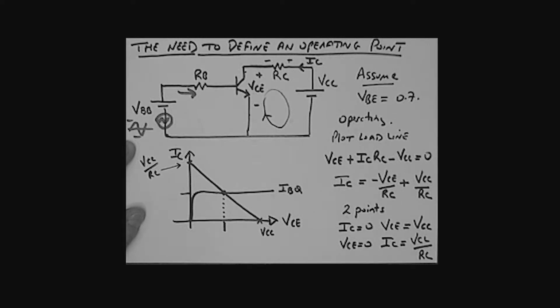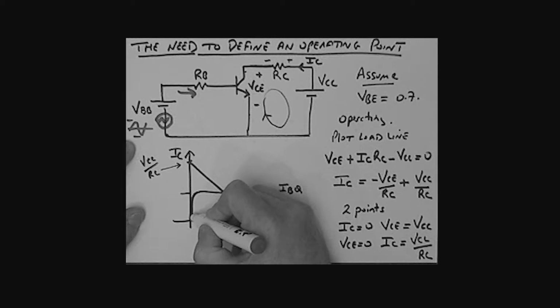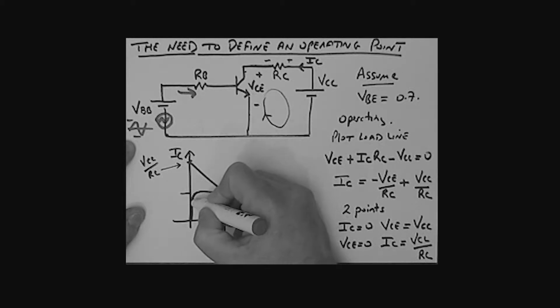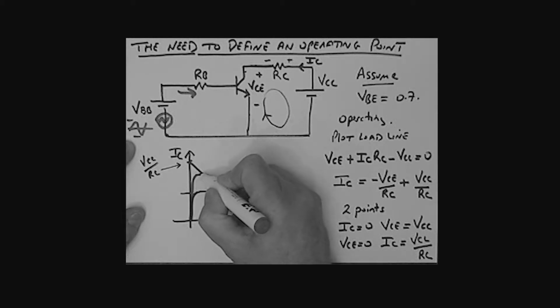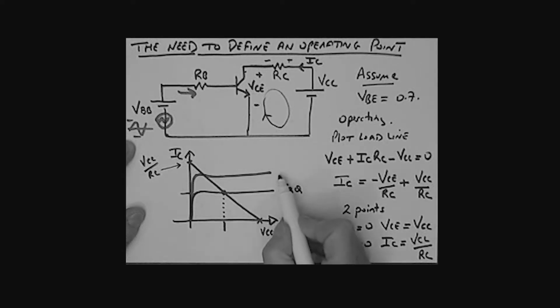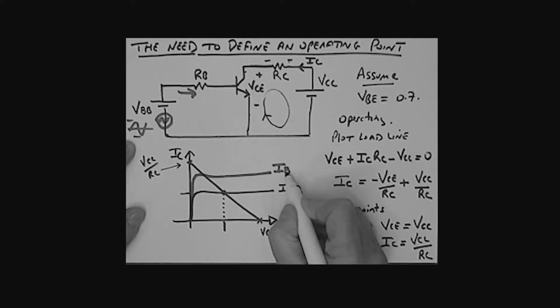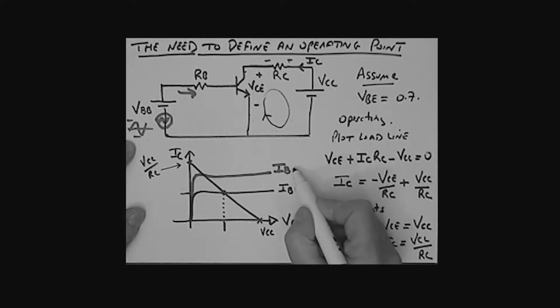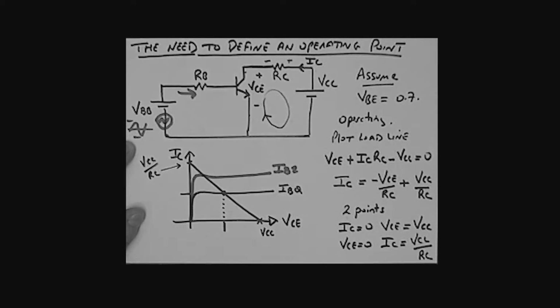What does that do? Well, that really puts us on a different characteristic curve. It would, let's say, be this characteristic curve here. Now this might correspond to a plot of IC versus VCE when the base current has been set to a different value, a larger value. Let's call that larger value IB2.